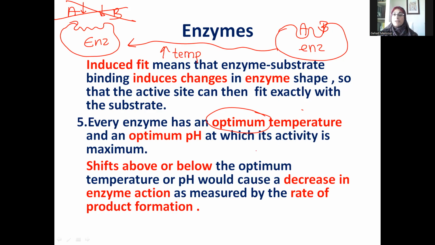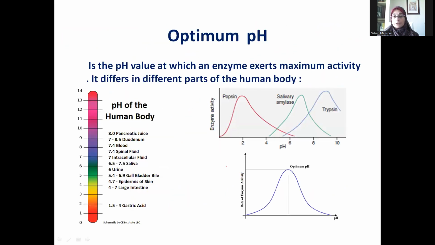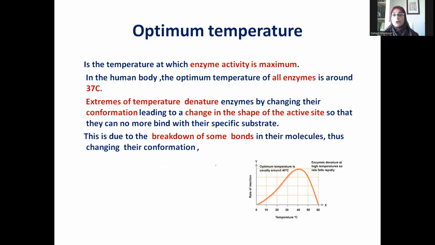Any shift above or below that optimum temperature will result in a diminution in the activity of the enzyme. This slide shows the optimum temperature, at which the activity of the enzyme is maximum. Our human body has a more or less stable temperature of 37, so the best temperature for all enzymes in the human body is 37.